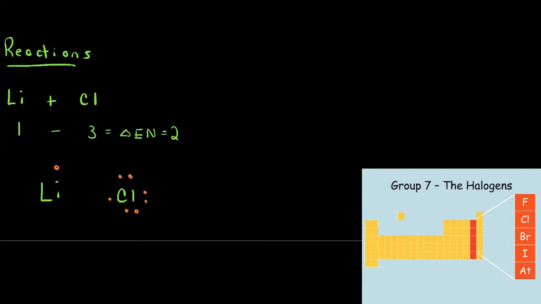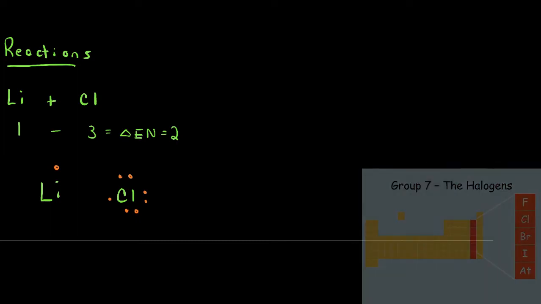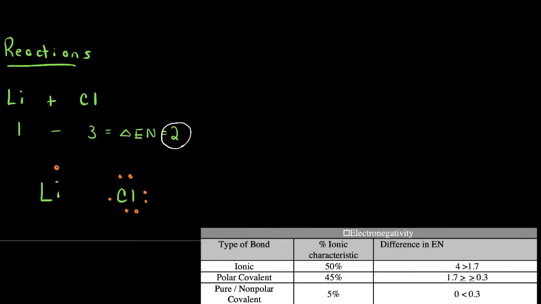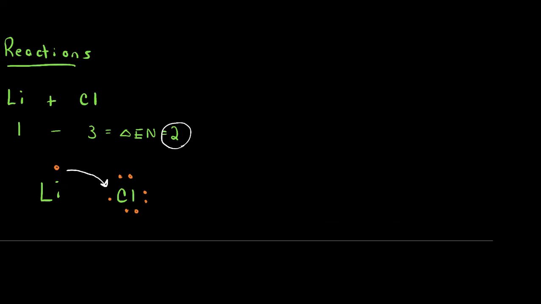We know that since this is going to be an ionic bond, that tells me that chlorine, because it has a change in electronegative value of 2, chlorine is the most attractive element here. It's going to be strong enough that it's going to pull that electron away from lithium, and that's going to form what's called a lithium.